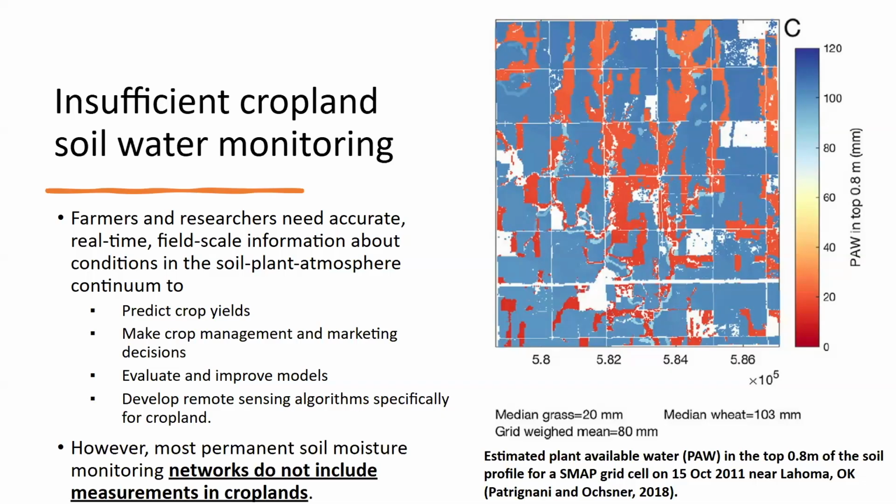And this is in the fall of 2011. I'm not showing land cover here, I'm just showing the soil moisture, but the imprint that you see, the red versus the blue, the red is dry, the blue is wet. That's the pasture and rangeland versus the cropland.